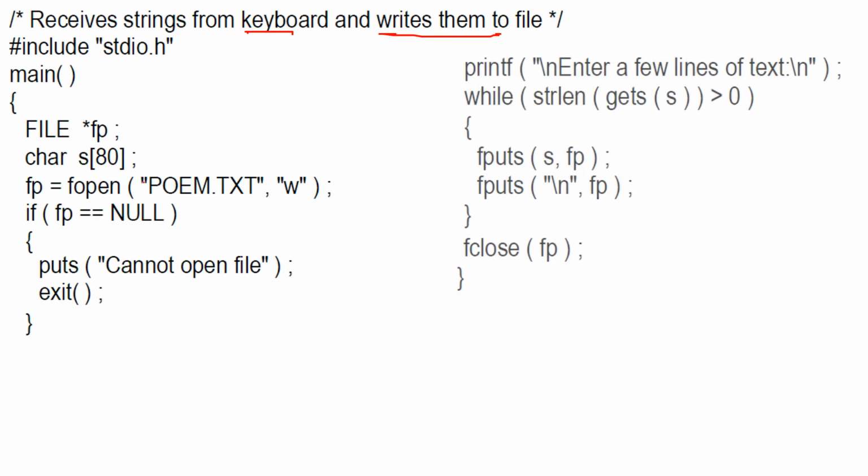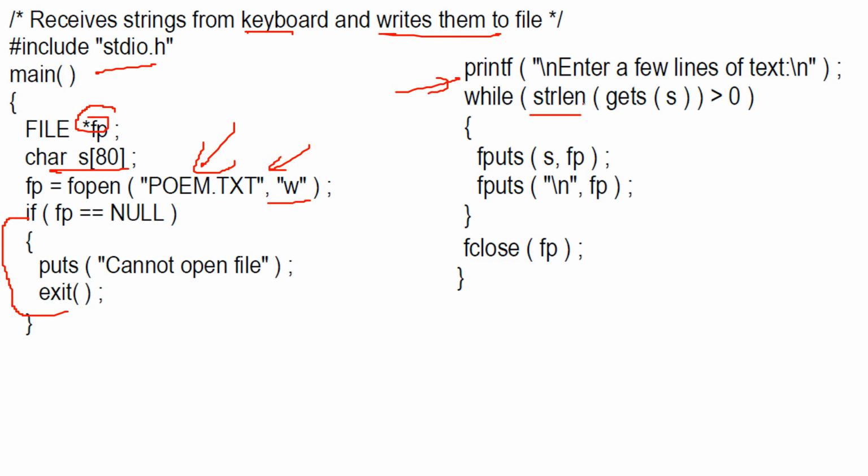This is a program which receives strings from the keyboard and writes them to the file. We have stdio.h, a file pointer, and a character array. This is our imaginary file, which we have opened in write mode. If we are not able to open it, we say there is a problem and come out. Otherwise, if everything goes fine, we say enter a few lines of text. Whenever a user enters a line, we use a while loop with strlen, the string length, of gets.